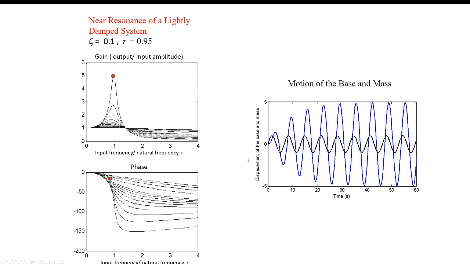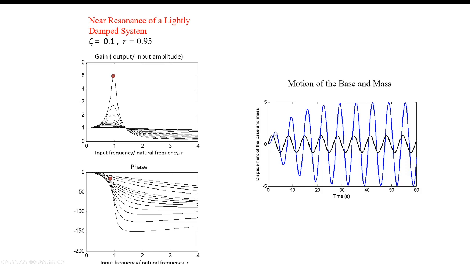So when you look at the motion of the base, which is just a sinusoidal function, this time I had a change of heart, I'm using sine, it looks like. So you have a base motion, your base is shaking at the frequency of 95% of the natural frequency.